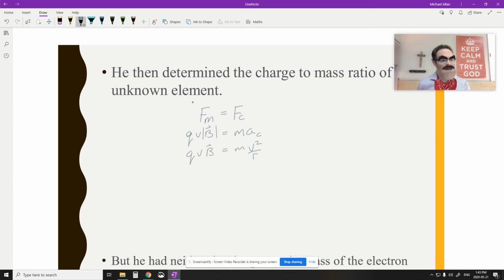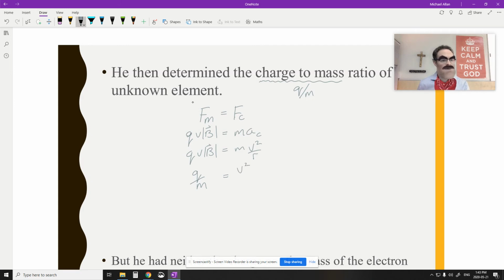He knows the magnetic field. He's producing this magnetic field, so he can determine its strength. So he's going to rearrange this. The thing is, he doesn't know too much about the mass or the charge. So he's going to rearrange it to get those two things on one side of the equation: the charge to mass ratio, Q over M. So he divided the M to the other side, which happened to be Q over M, and divided everything else to the other side.